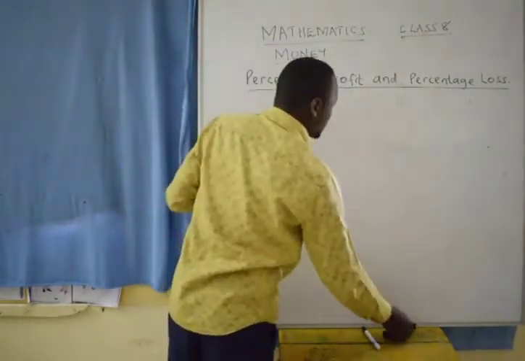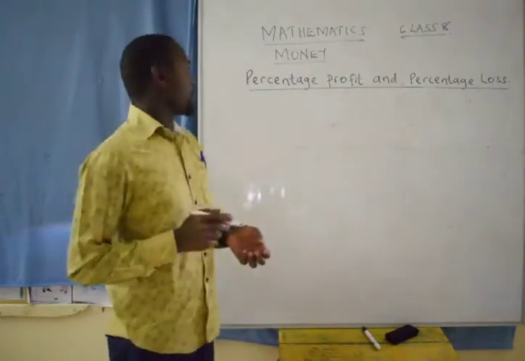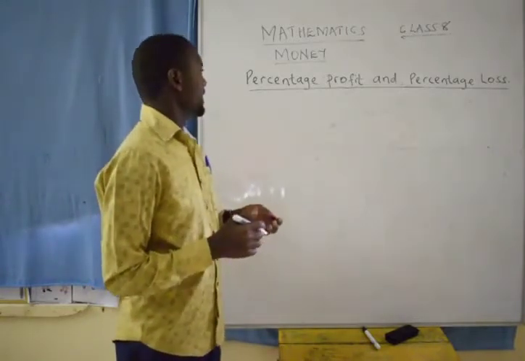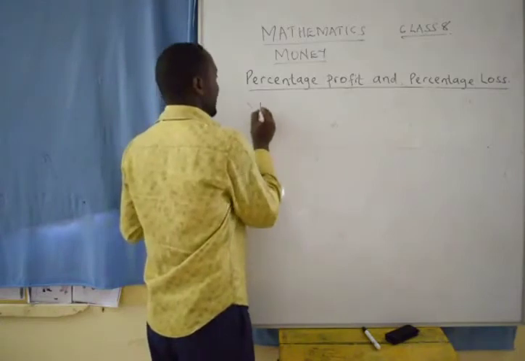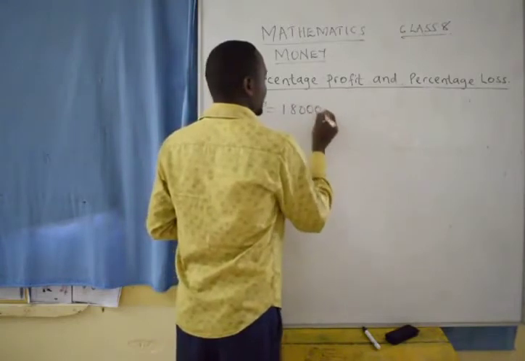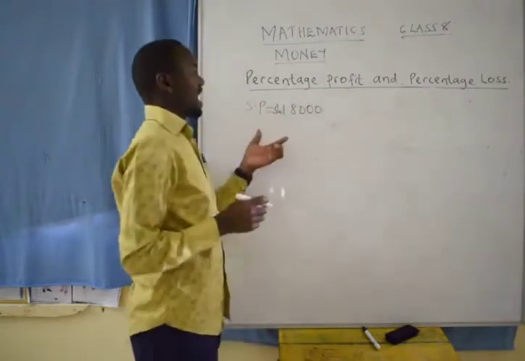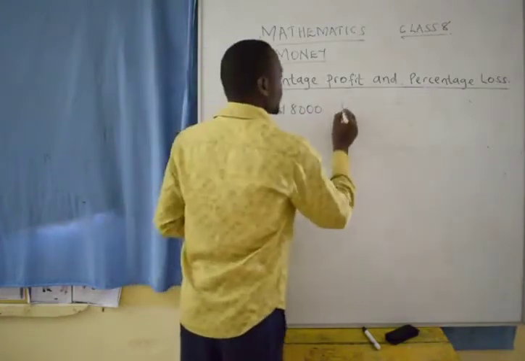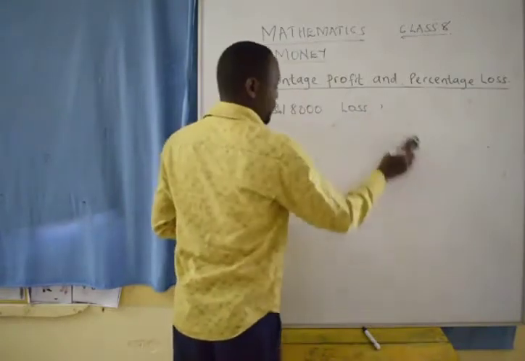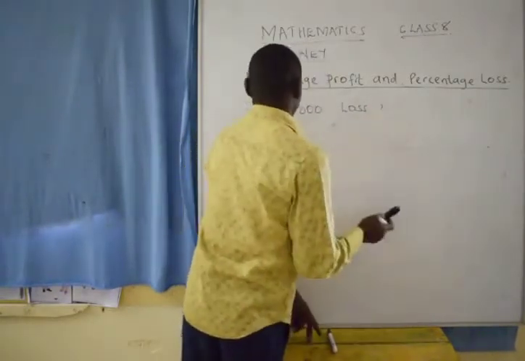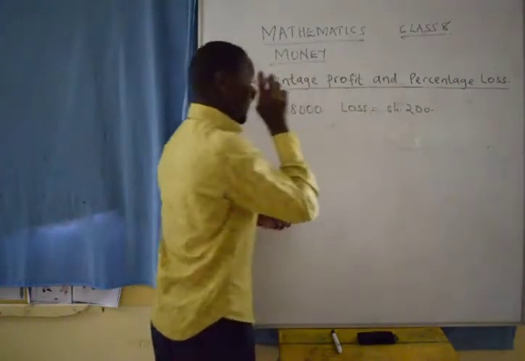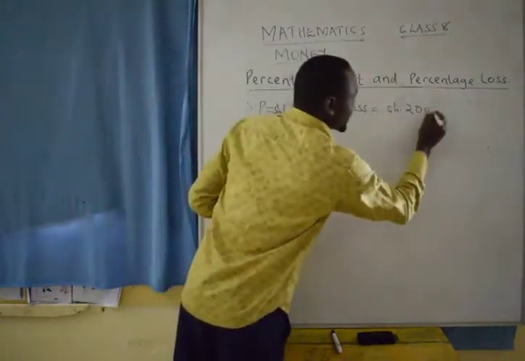I am going to give you an example. Somebody sold a television set. In this case, I'm giving you the selling price as 18,000 shillings, and he incurred a loss of 2,000 shillings.